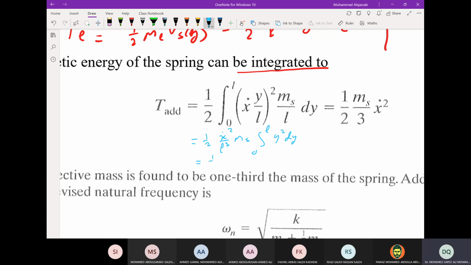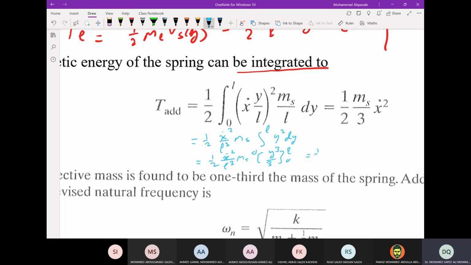Okay, so 1 over 2 x dot squared over L to power 3 ms, and integration of y squared is y to power 3 over 3 from 0 to L. And then when you substitute, y to power 3 becomes L to power 3, which cancels with L to power 3.